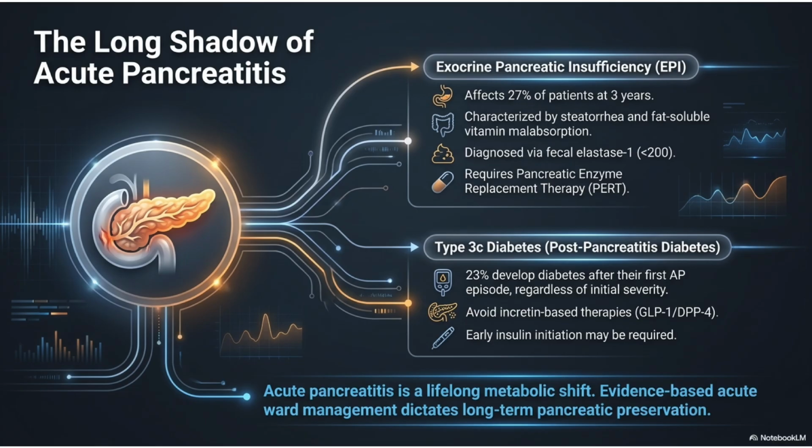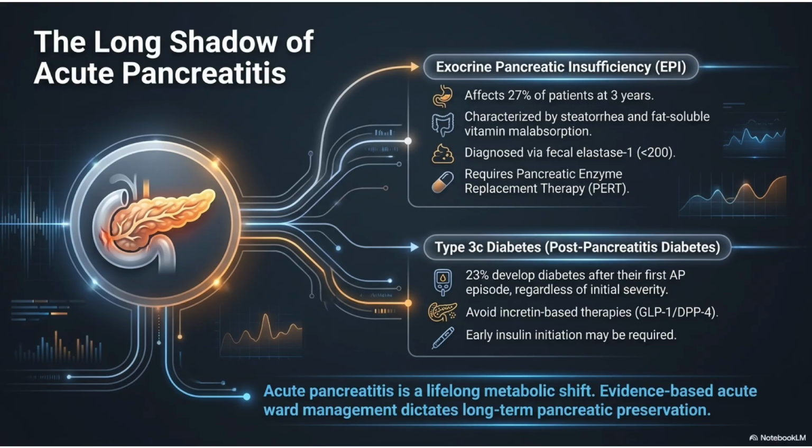What are the long-term effects of patients who you just treated with acute pancreatitis or have repeated episodes of acute pancreatitis? So they can develop exocrine and endocrine insufficiency. Exocrine insufficiency affects almost 27% of the patients at 3 years. Now, these are either patients with severe episodes of acute pancreatitis or recurrent acute pancreatitis. Over 3 years, 27% can have exocrine deficiency.